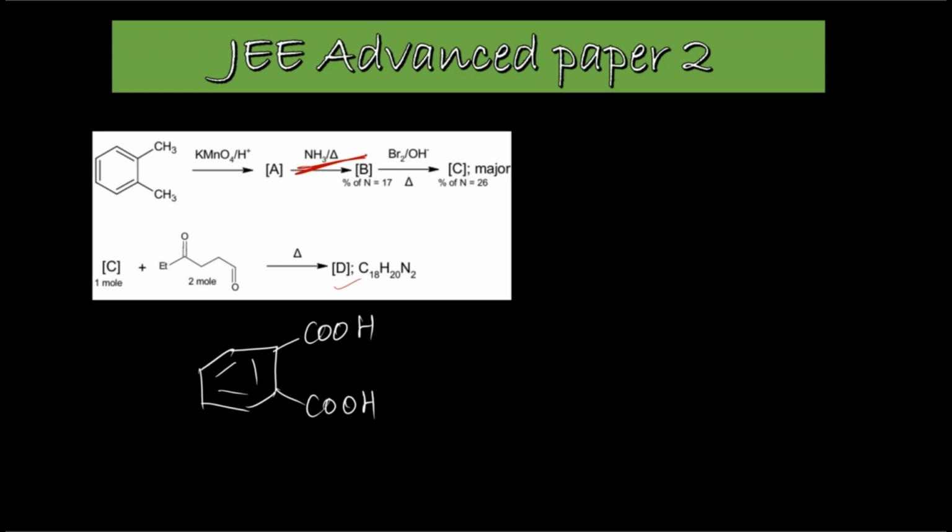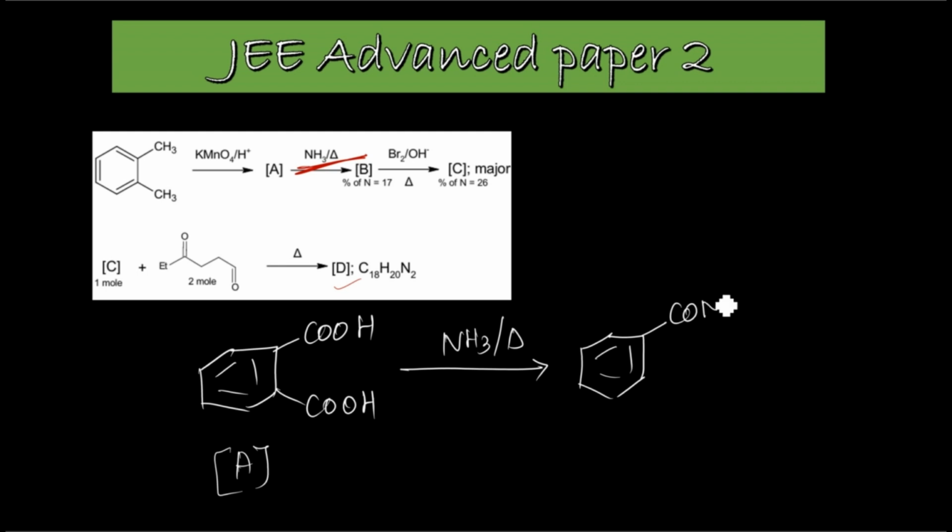So whatever the chain may be, it will become one carboxylic acid group, that is our A. Then NH3 with heat, that would produce amides. Very simple. CONH2.